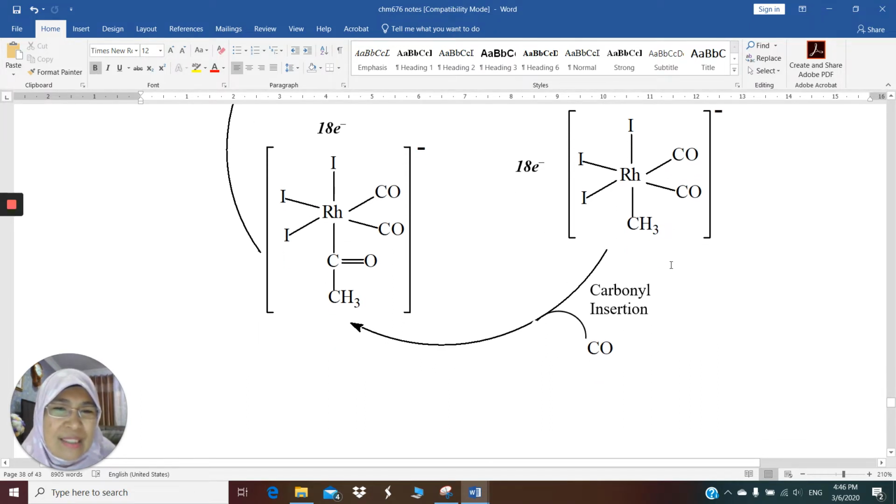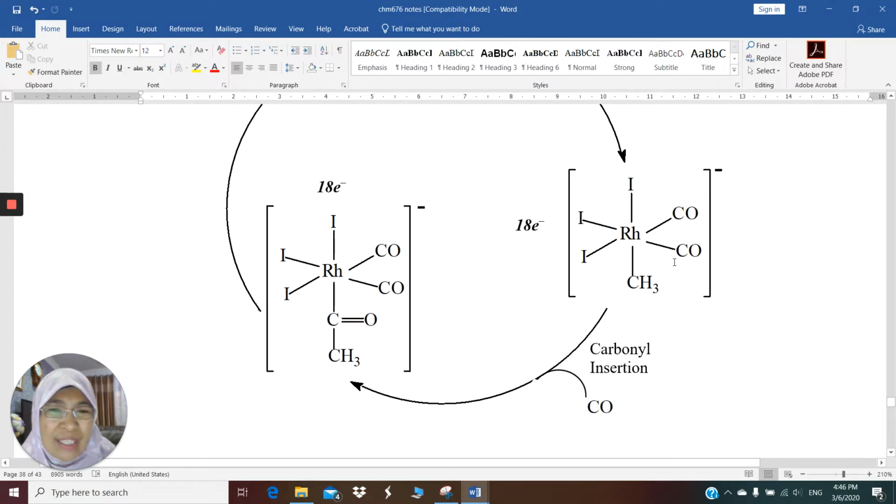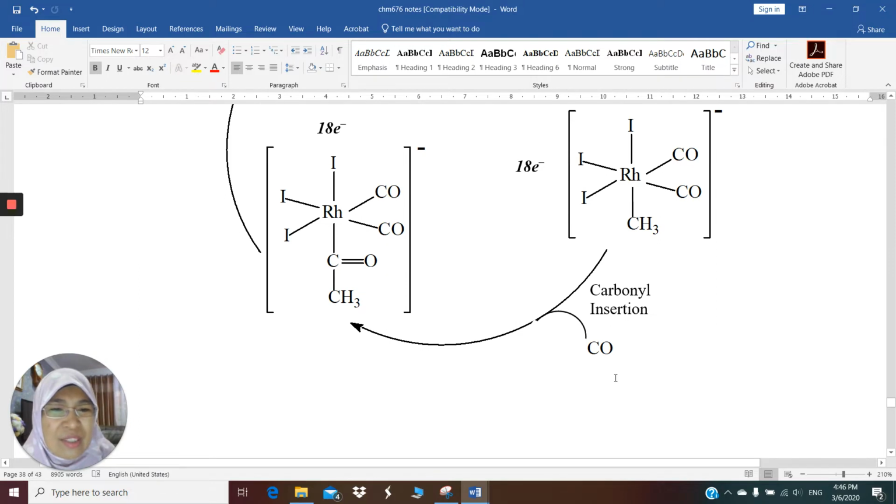So what happens next is a little bit more complicated than your deuteration of benzene just now. You get addition of carbon monoxide. This is carbonyl insertion. I'm sure Dr. Nizam also has gone through carbonyl insertion with you. The carbon monoxide inserts itself between the rhodium and the methyl group to make this, an acyl.